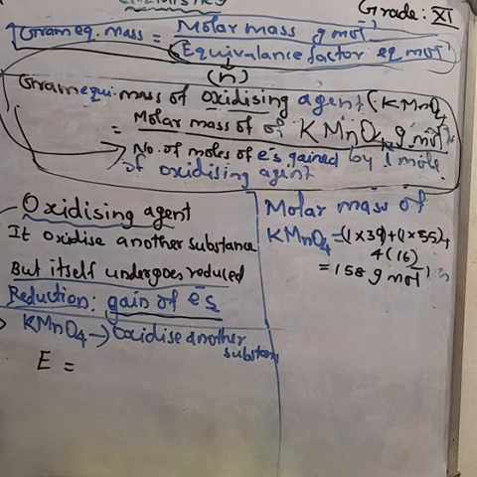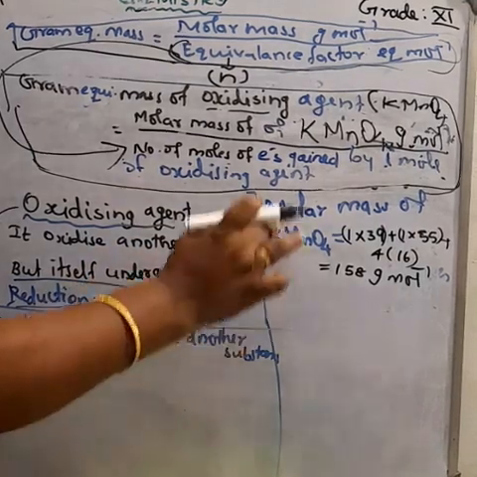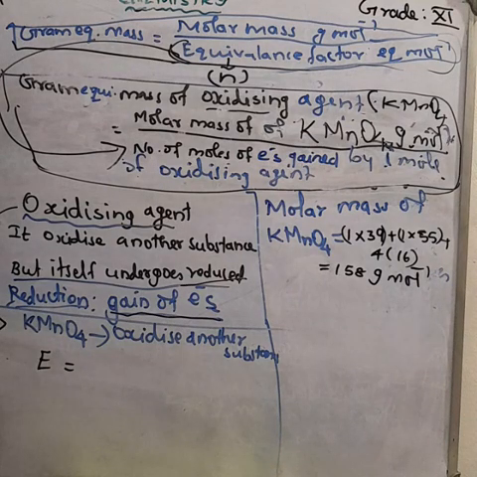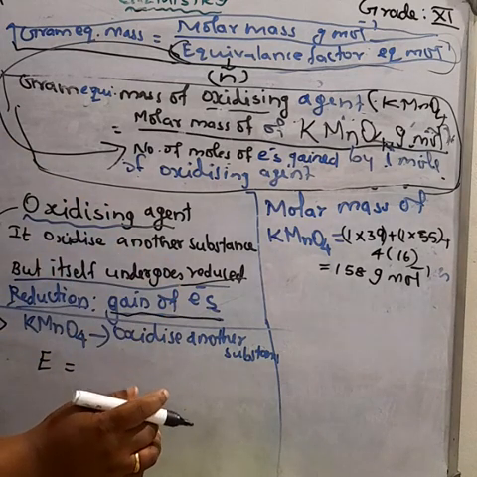Understood? So KMnO4 is an oxidizing agent, and an oxidizing agent undergoes reduction. KMnO4 reacts only in acid medium because it is an oxidizing agent. So in acid medium, potassium permanganate is reduced.